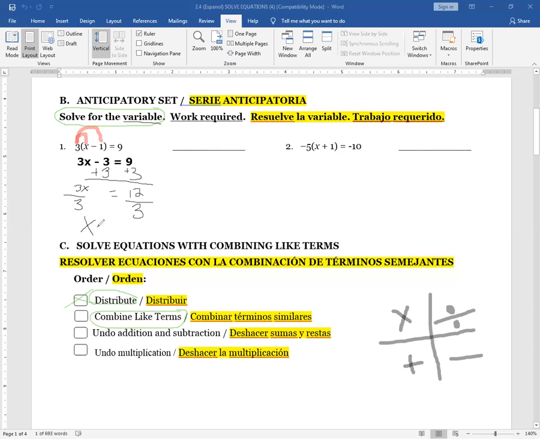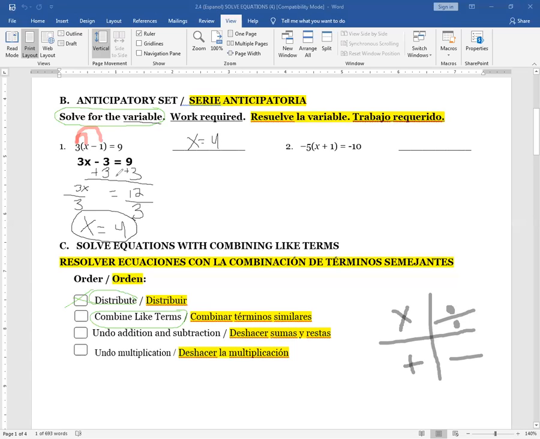All right, so x equals, and in your handy dandy calculator, if you divide 12 by 3, you're going to get the answer 4. So now we know that x equals 4.